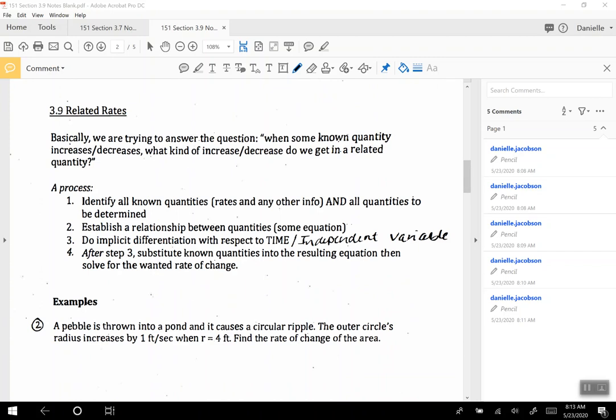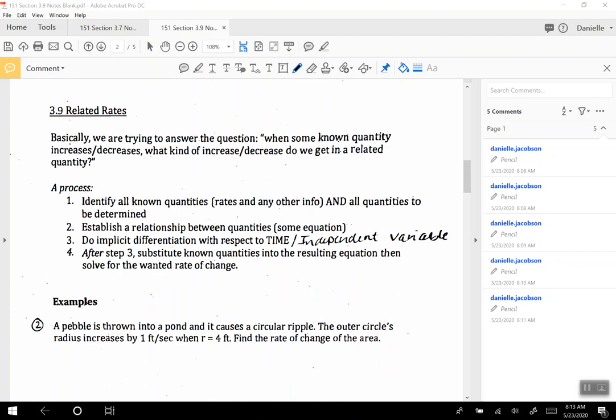Okay, so a process for this. The first thing I suggest is going through the word problem, peeling it apart, and identifying all the quantities that you know, whether those be related rates or other info. Identify everything you know and everything you're trying to find, or everything you want to show. After you do that, establish a relationship between what you know and what you want to show, aka some equation.